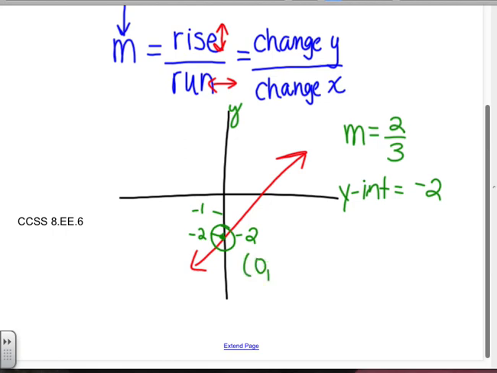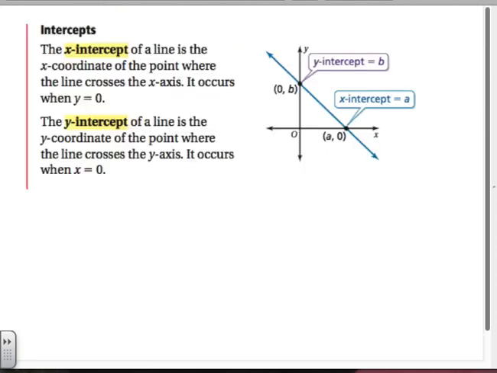It's where x is 0, y is -2. And we've already done that. We've already graphed using a point and the slope. So the y-intercept is really simply another point on the line. And specifically what point? The point at which the line crosses the y-axis. I think this will all make sense when you see me do a couple examples.